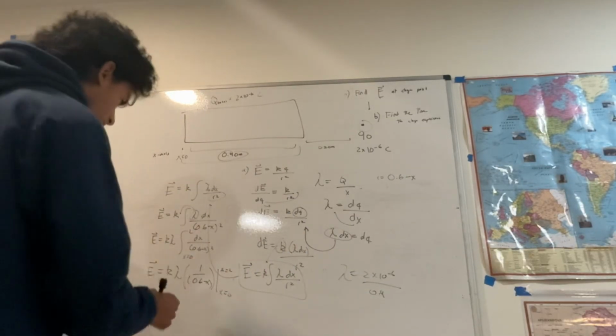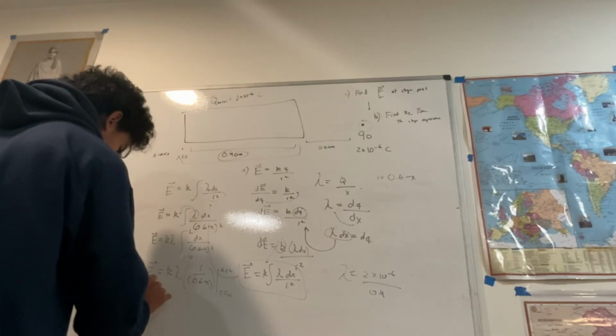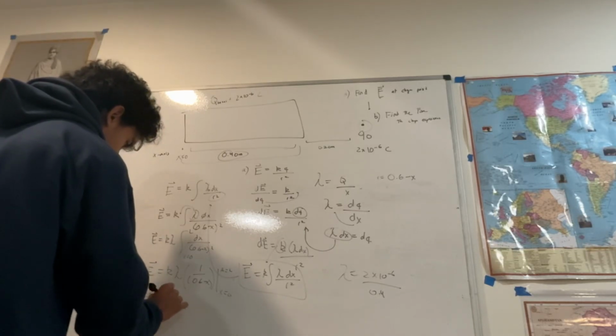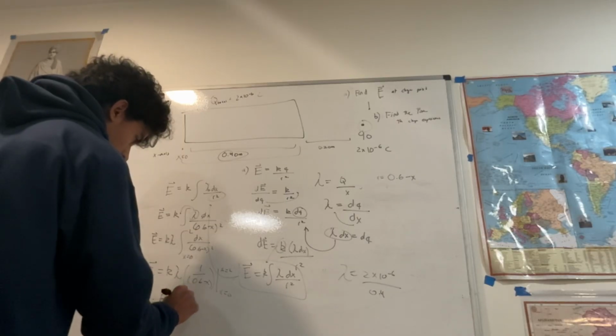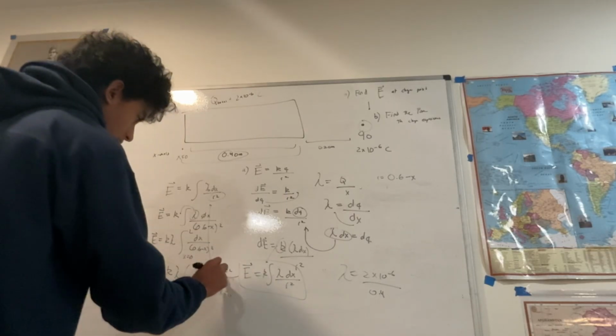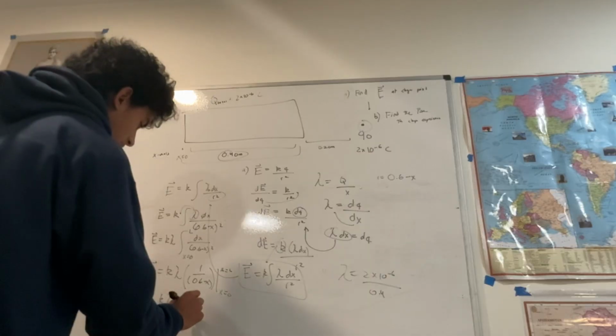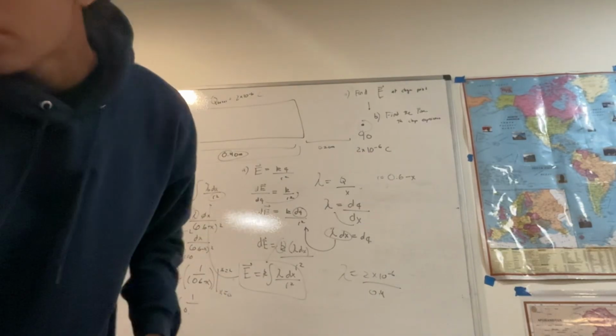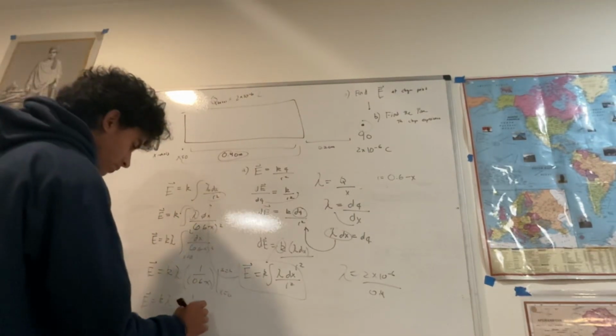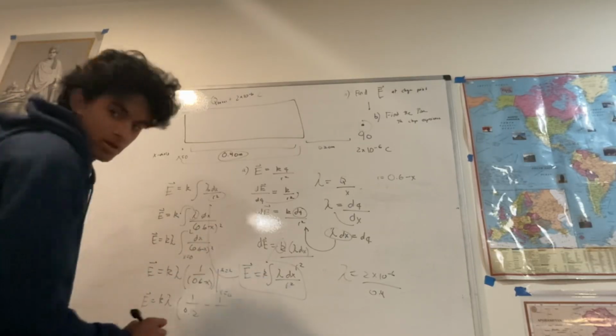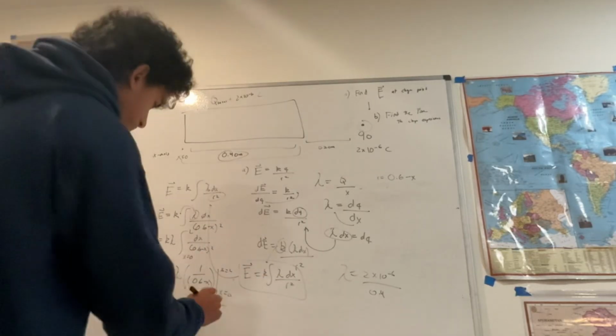So plugging that in, we get E equals K lambda times 1 over 0.2 minus 1 over 0.6.